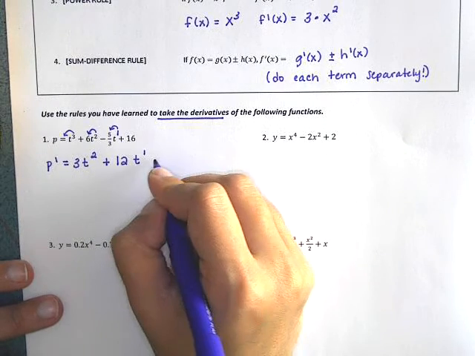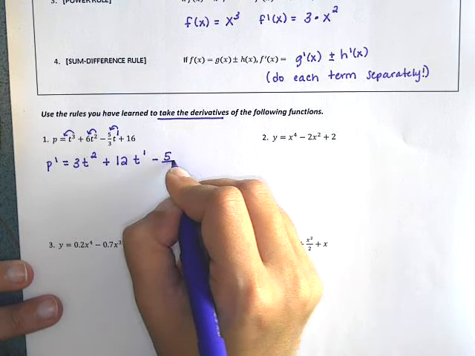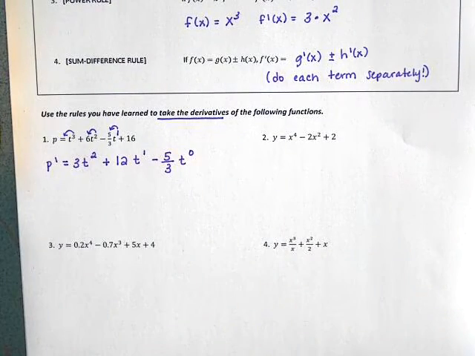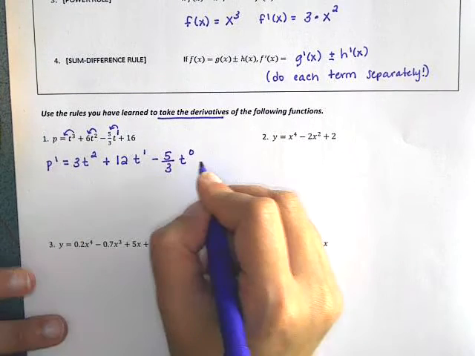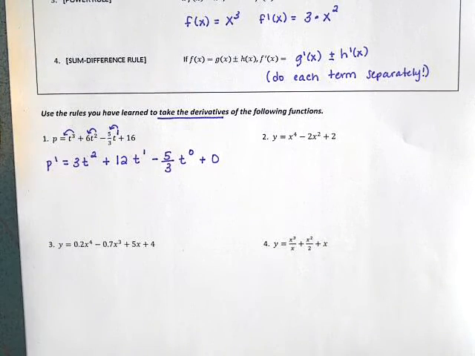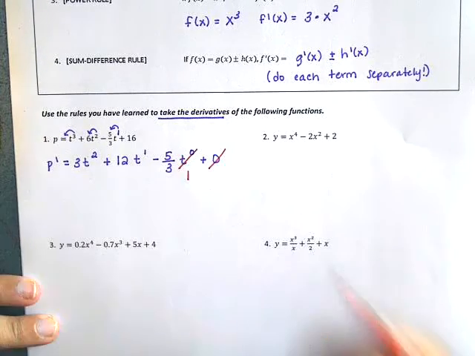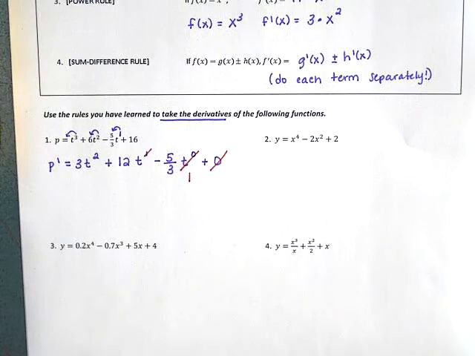The invisible power by this t is just a 1. So if you multiply and you drop it, you just get negative 5/3 t to the 0. 1 minus 1 is 0. And the derivative of 16 is just 0. Now this is not as simplified as it gets. T to the 0 is actually just worth 1. We don't really have to write a 0, and we don't really have to write a 1 power.